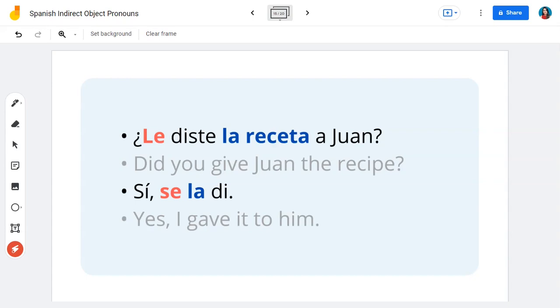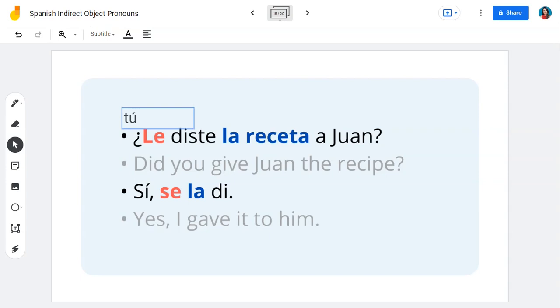We have a tú right here that you cannot see. The real question is, tú le diste la receta a Juan. How do we know that it's tú? Because of the conjugation of the verb.